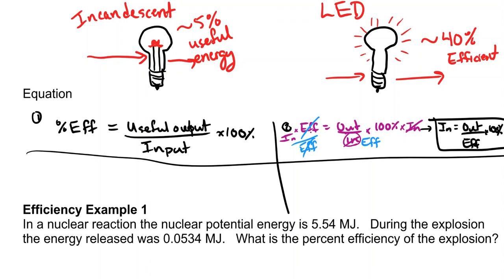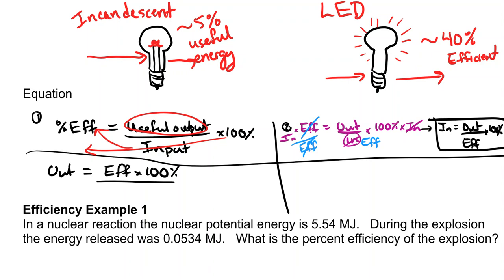And our third version of the equation is just if we wanted useful output energy. If we wanted useful output energy, then we would multiply by input and divide by 100%. So we get output equals percent efficiency times input, divided by 100%.